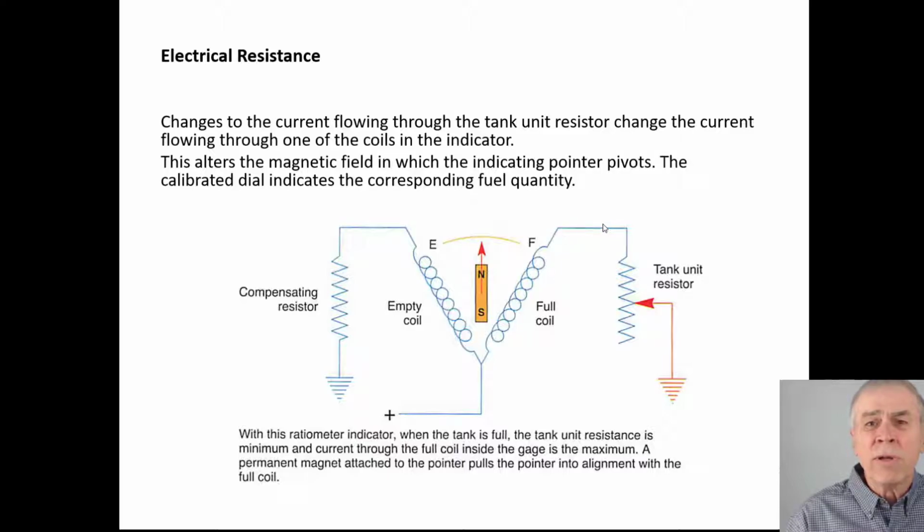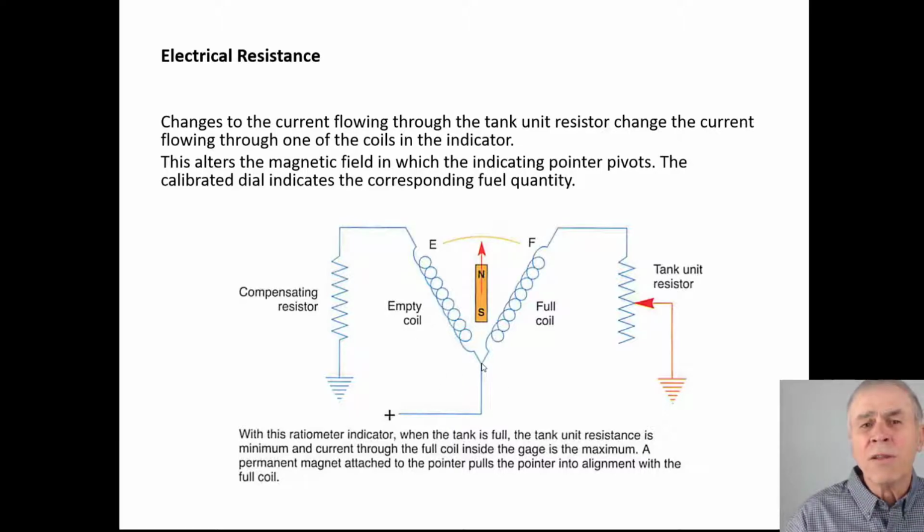Where it's actually going to change is where there's less resistance here. Let's say the tank is half full, so the wiper on the float is pointing to this part of the resistor, which is less resistance than the part on the compensating resistor here.